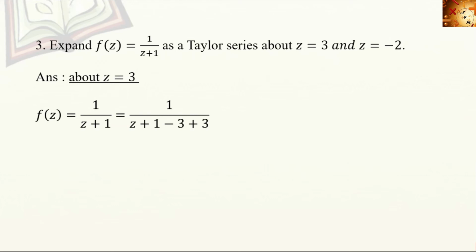So the same effect. So 1 by z plus 1 is equal to 1 by z plus 1 plus 3 minus 3. Then club the factor that we need. Here about z equal to 3 means z minus 3 factors and its powers. So here z minus 3 as a single factor, then plus 1 plus 3 is 4. So 1 divided by z minus 3 plus 4.